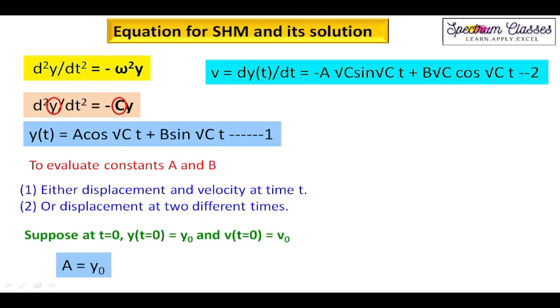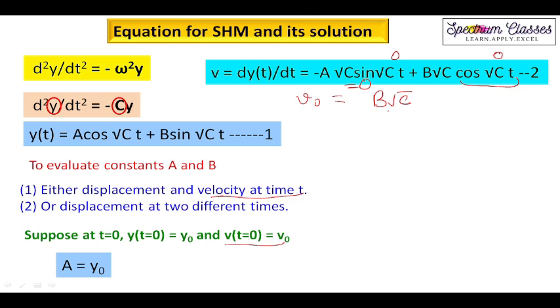Now we have the value for the velocity at time t = 0, which is equal to v naught. If I put t = 0 here and here, what will I get? I will get b under root c, because this whole term will be equal to 0, and here cos 0 will be equal to 1.